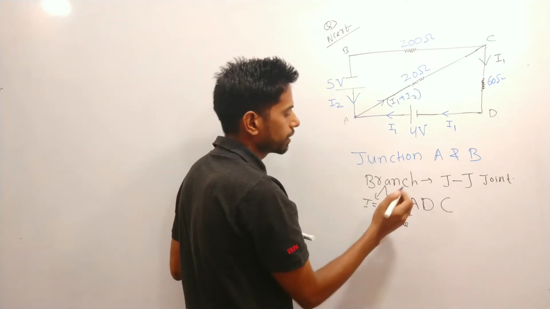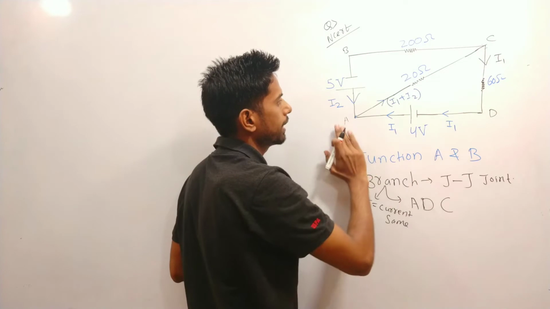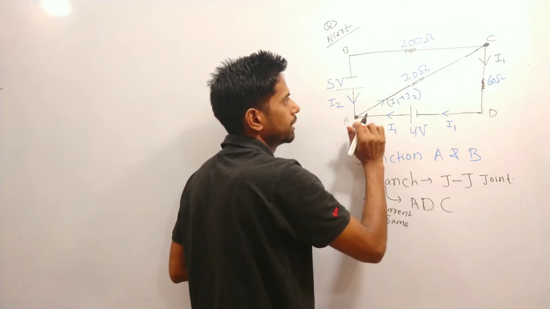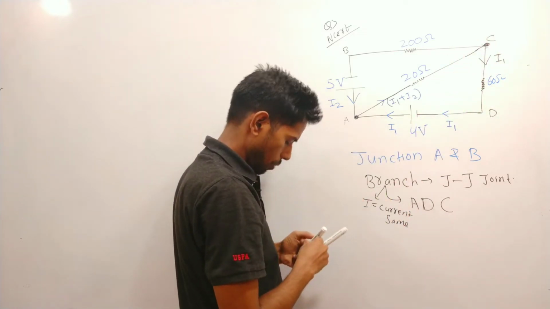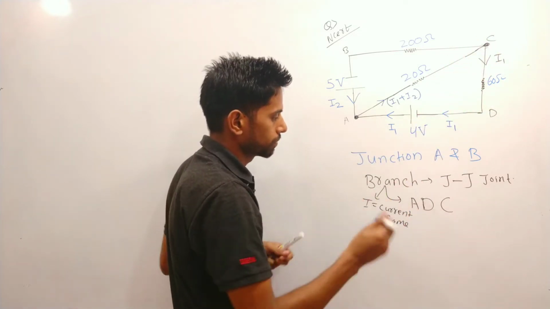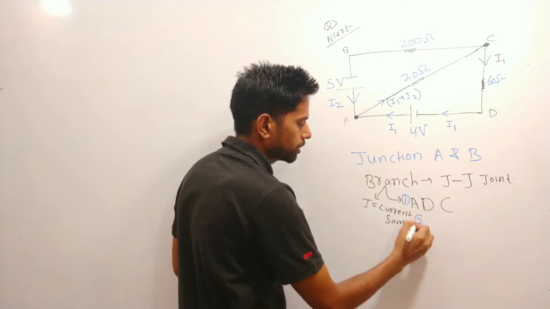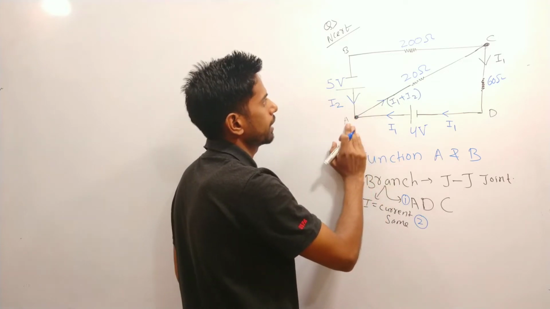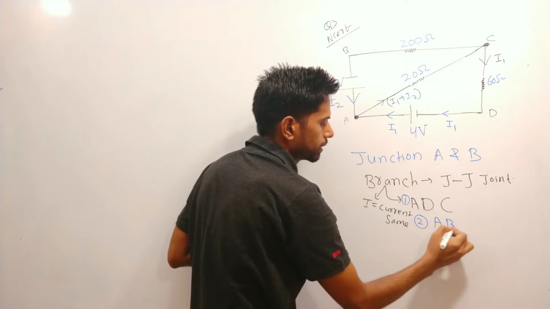Similarly, the other branch is ABC, the second branch, and the first is ADC. This is junction 2, this is junction 1. A junction to junction joint is called a branch. In a branch the current is the same.